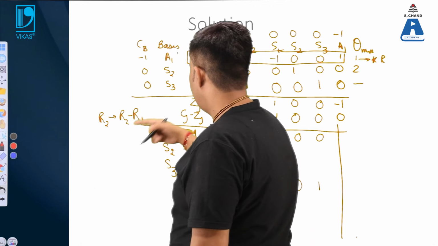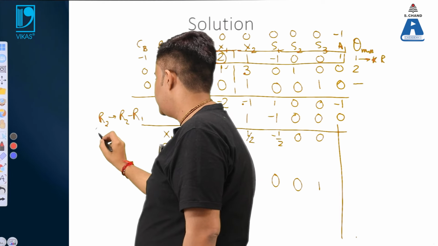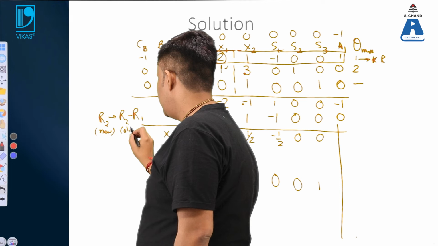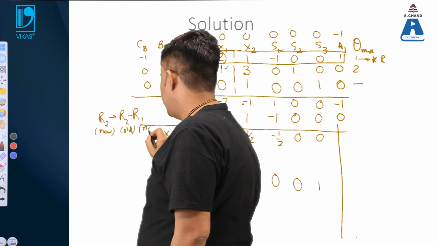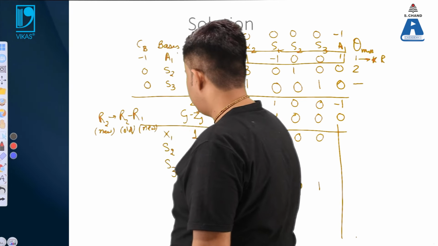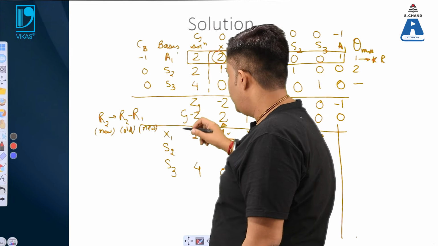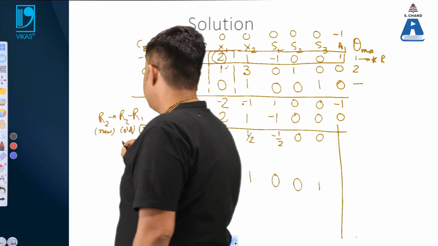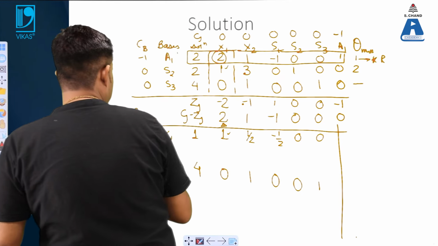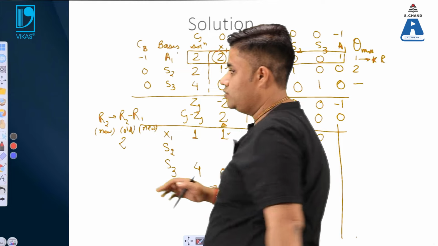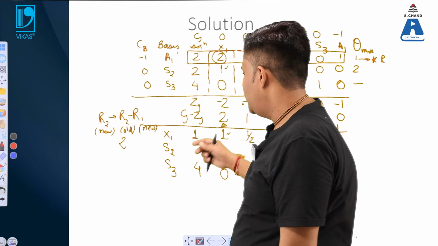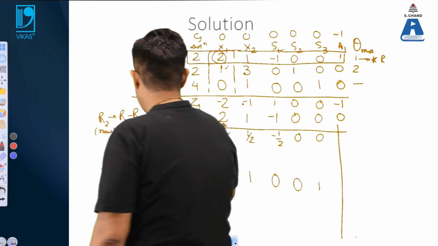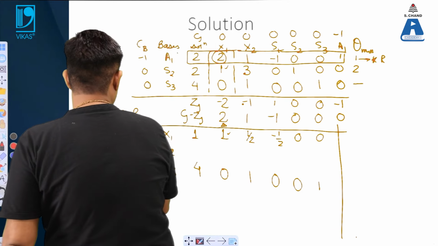And which R2 and which R1 is this? So it has R2 which is new and this R2 is old. And here I have the new R1. New R1 means this is the R1 of the new table, and above it the R2 is the R2 of the old one. So I have to write all these elements vertically so as to avoid any calculation error. So I need to write all these elements in a rough column.